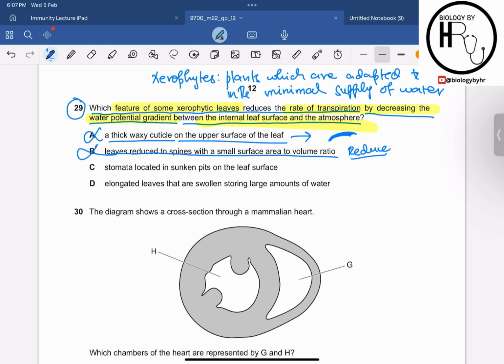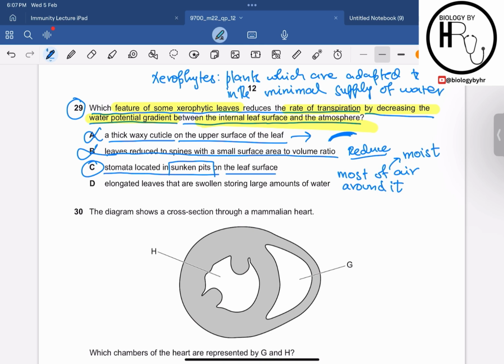Now if I talk about option C over here, stomata located at sunken pits of the leaf surface. So yes, this statement is correct. How? The stomata which are located at the sunken pits will trap most of the moisture around them, which has a higher water potential, right?